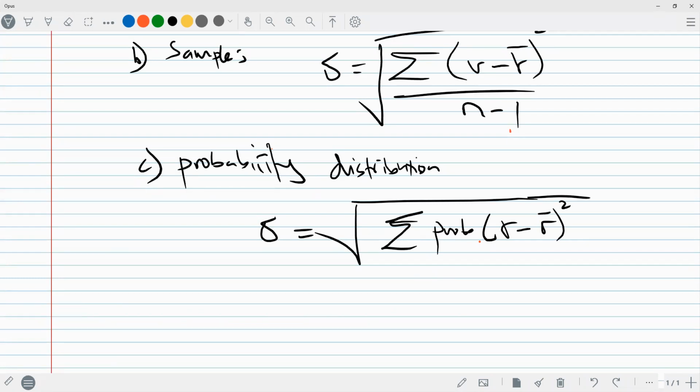Simple. That's the standard deviation in case of a probability distribution.